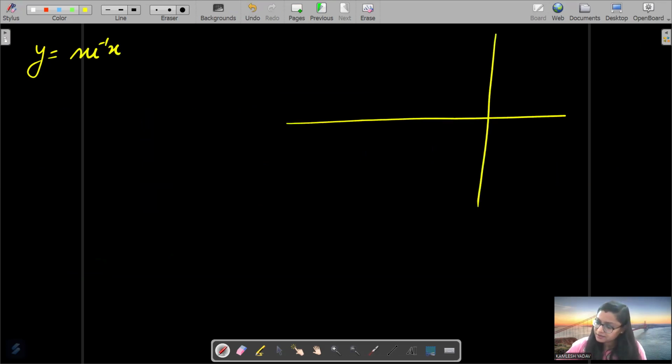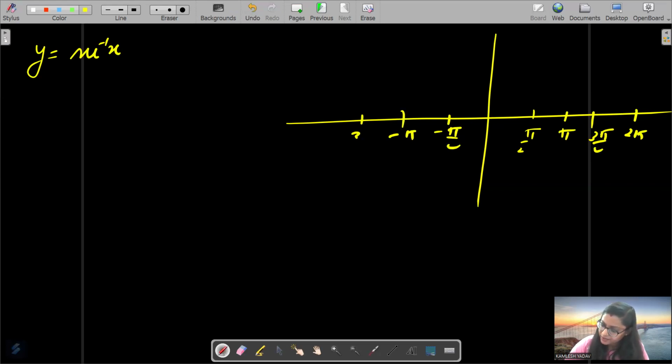Now we go for the next graph. Next graph is y is equal to sec inverse x. So first we draw the graph of sec x. Pi by 2, pi, 3 pi by 2, 2 pi, minus pi by 2, minus pi, minus 3 pi by 2, and minus 2 pi. Okay. So first of all, this is the sec x.